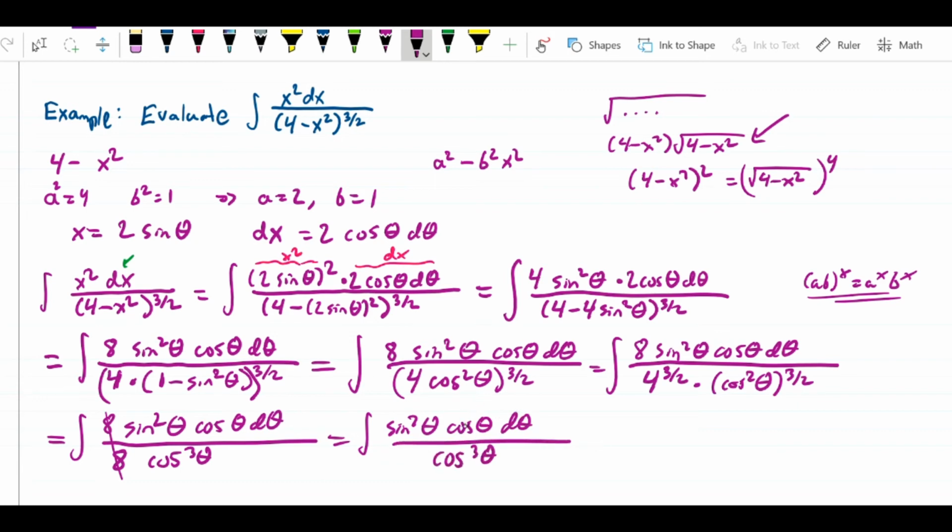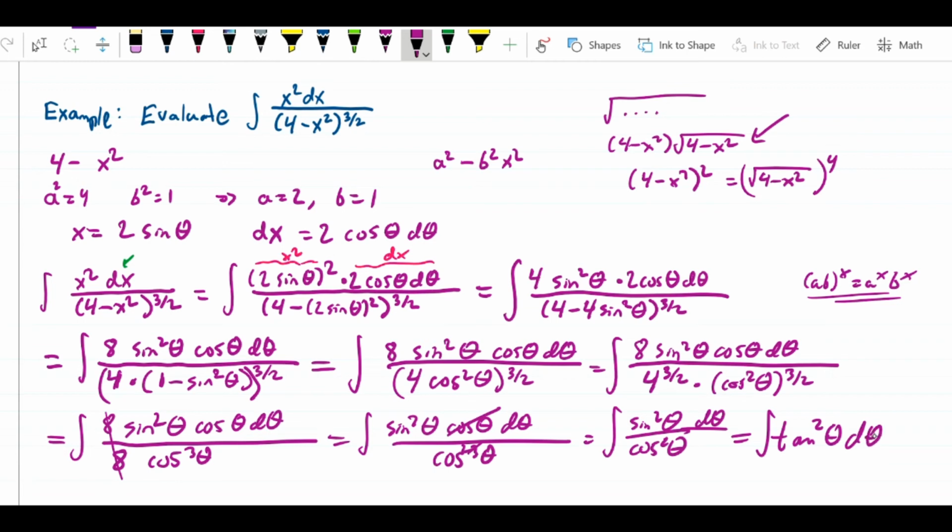That means I can cancel one power of cosine, turning this into cosine squared. So that gives us the integral of sine squared theta over cosine squared theta d theta, which equals the integral of tan squared theta d theta.